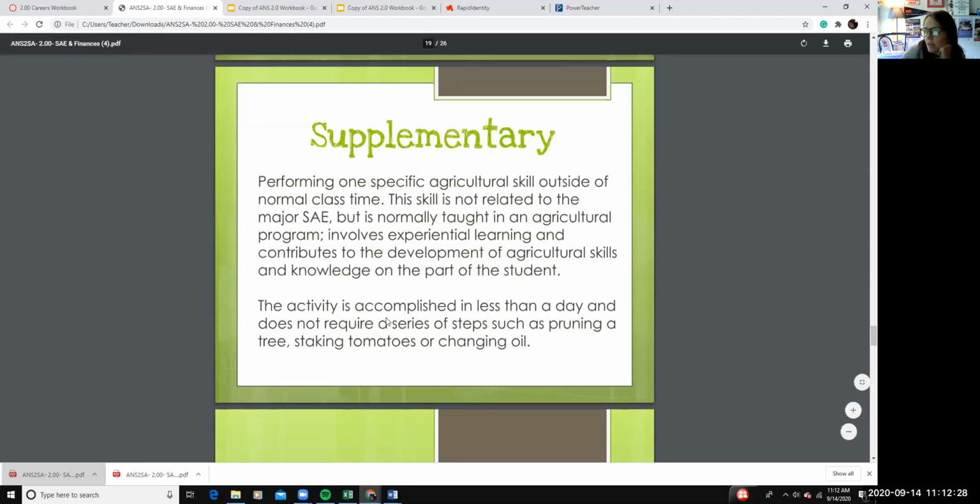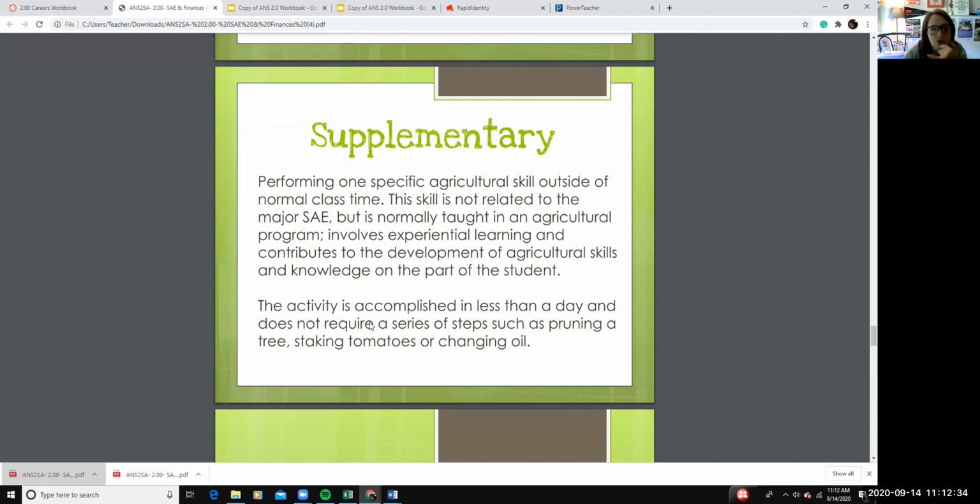And then supplementary, remember that is just something small that can be done in a day or less. So that's usually something like changing your oil or raking leaves or fixing something on a tractor that's a simple fix. Those are all just supplementary things that add on to your SAE.